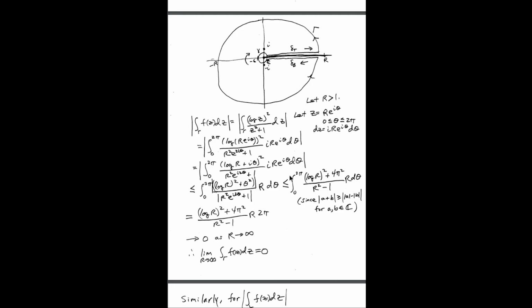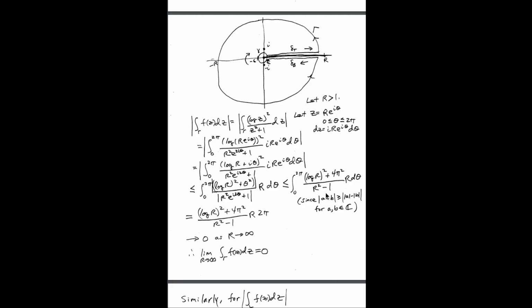Well, now this is going to be less than or equal to the integral from 0 to 2π of, again, the numerator is (log R)^2 plus, now, what's the biggest θ can be? It's 2π. So the biggest that θ^2 can be is 4π^2 right there, divided by R^2 − 1 times our R dθ.